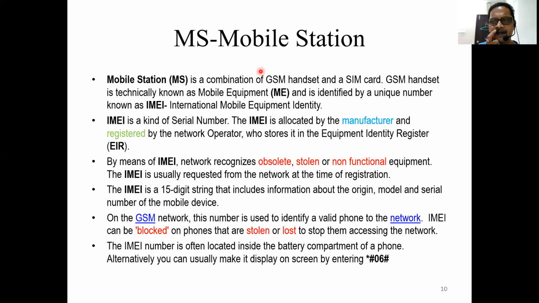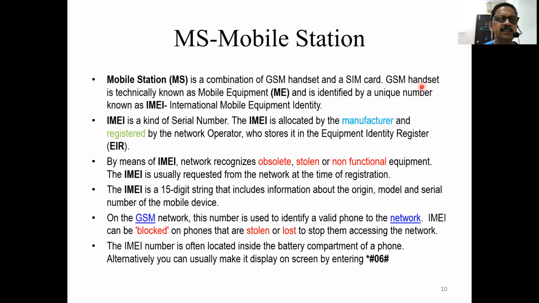Now we will try to understand the role of the mobile station, that is the MS. We know the MS is nothing but your mobile handset with a SIM card incorporated in it. Now let us go point by point. The mobile station, or MS, is a combination of a GSM handset and a SIM card.